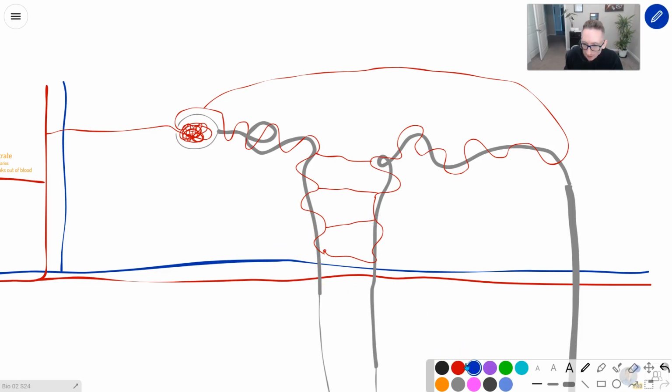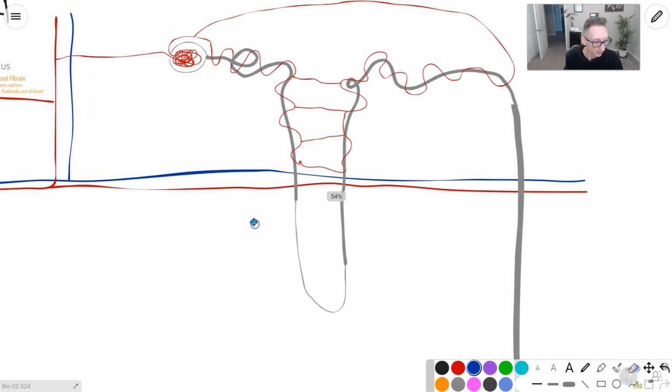Then we get into the venules or the veins, because these are now going to be heading back towards the heart.